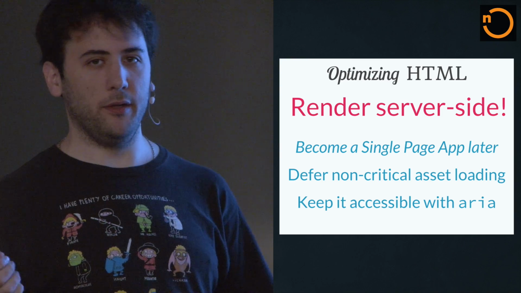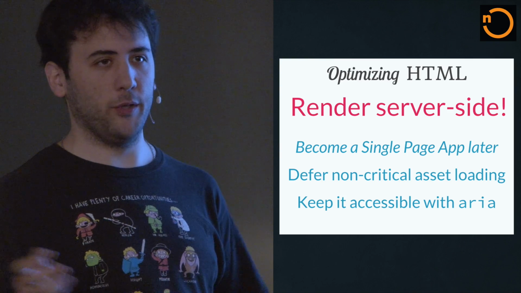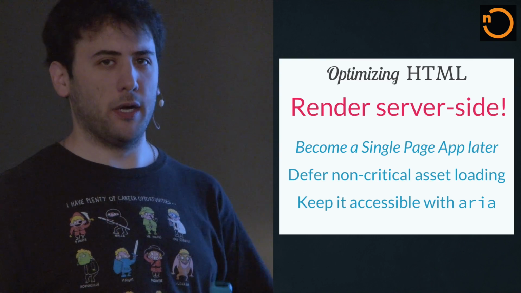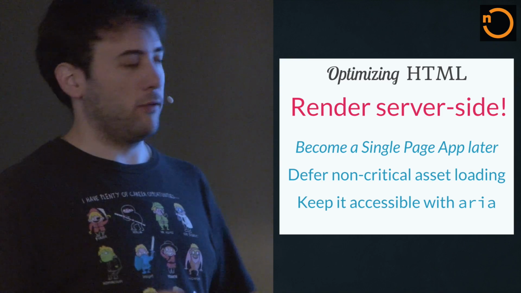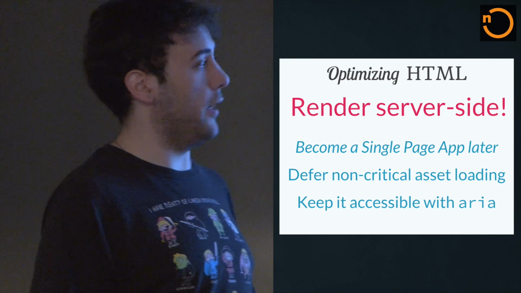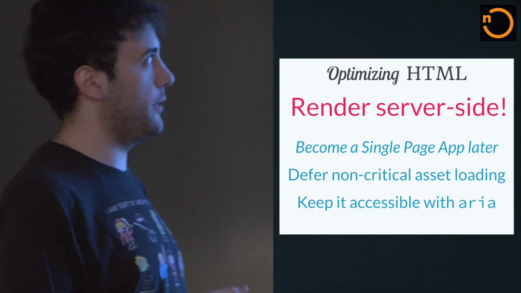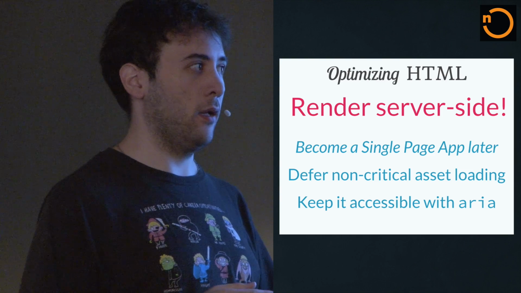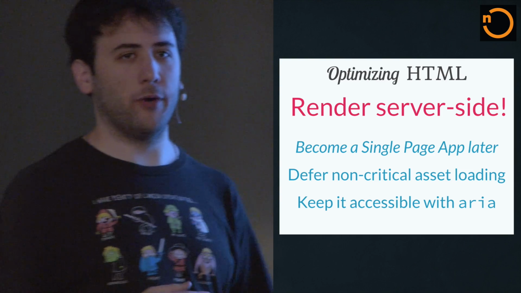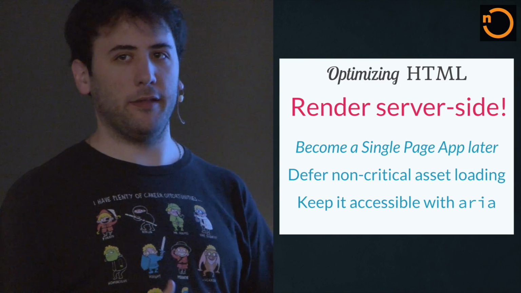So you can easily use some attribute hacking and changing it around as the page loads and make it faster to load. And yeah, you should keep it accessible too, because again, this is where I see UX and performance being pretty tightly knit together.